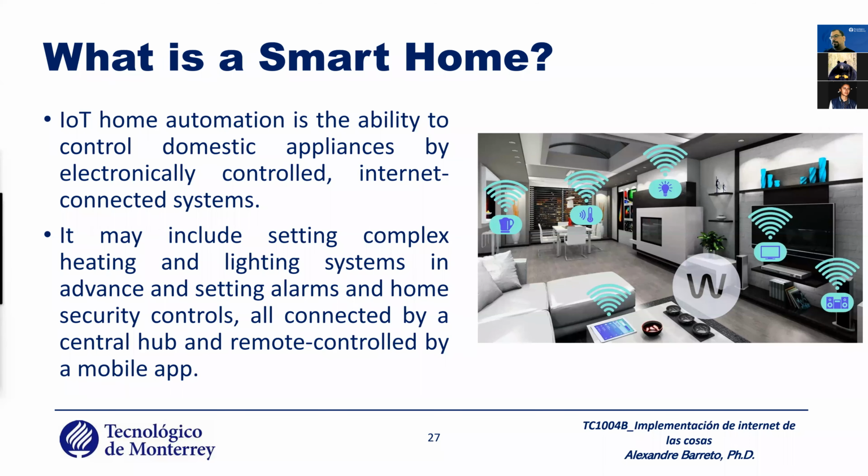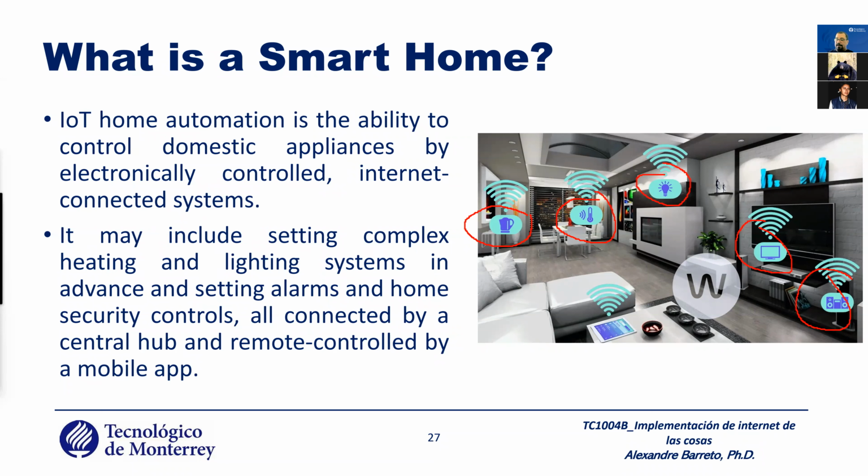but a smart home is the use of IoT devices to automate the functionality of how the house works. For example, you connect the coffee making machine, the air conditioner, the lights, the TV, and other devices.